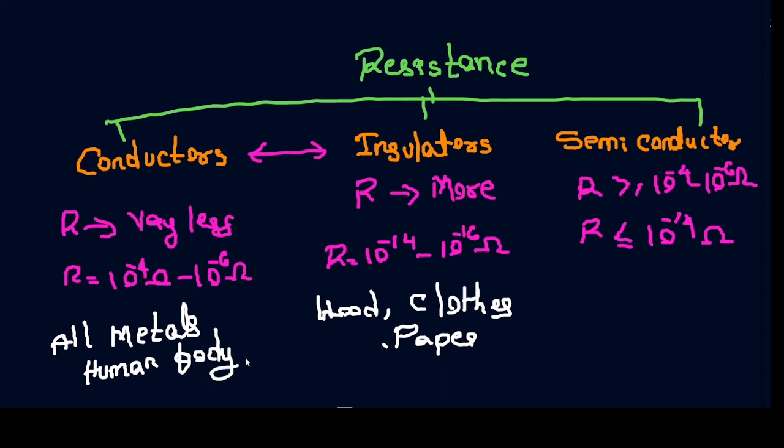The human body is electrically a conductor and optically an insulator. Fine. And semiconductors are materials like gallium and silicon. These are the examples of semiconductors, right?